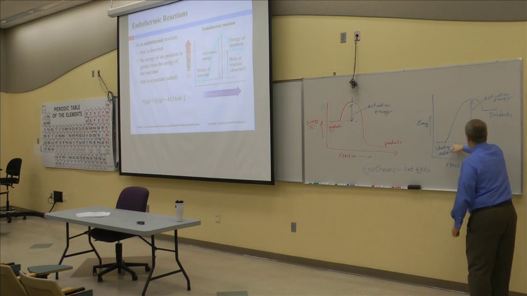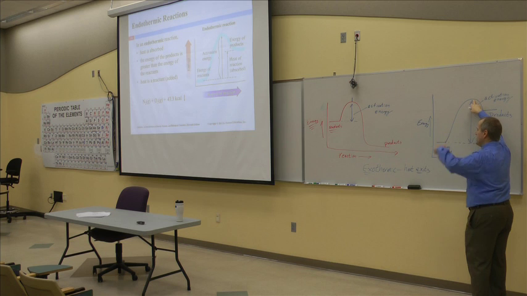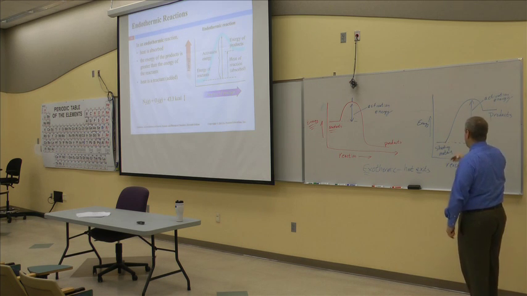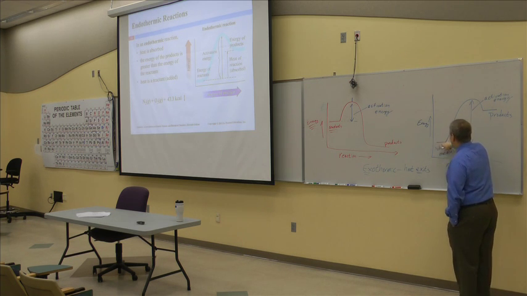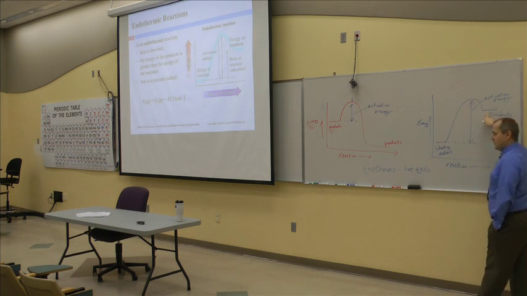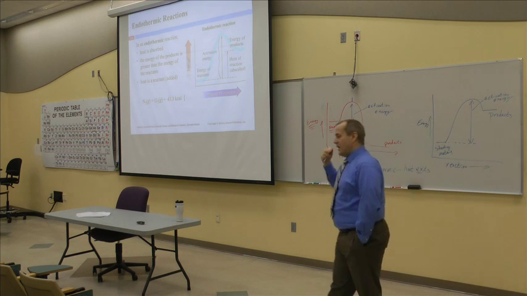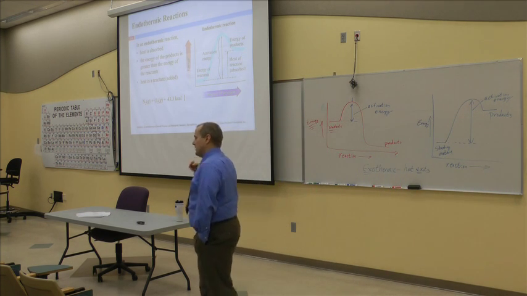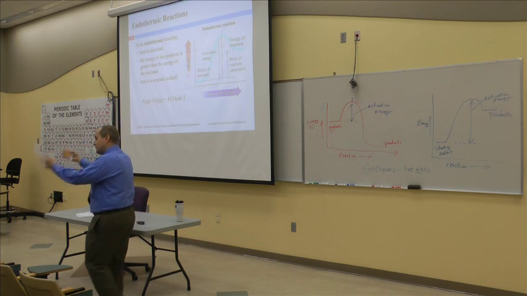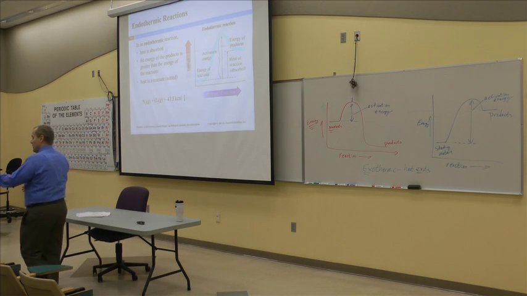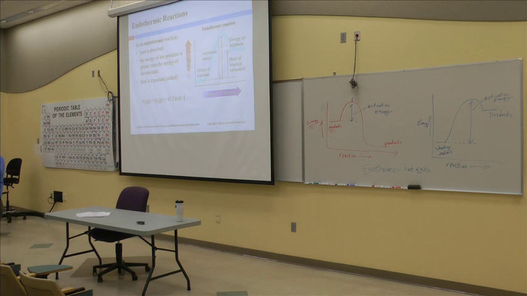Activation energy is here. From the starting materials, or reactants, up to the very top of the hump, that's your activation energy. Now here, the starting material is at a lower energy than the products. The products are a higher energy thing. So when you have this kind of situation where energy has to go into the reaction, the opposite of exit is enter, right?